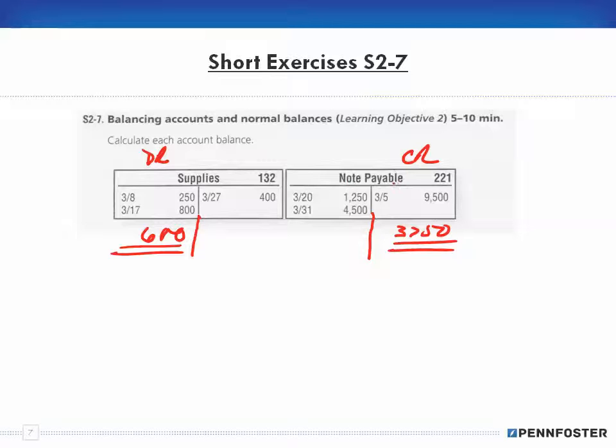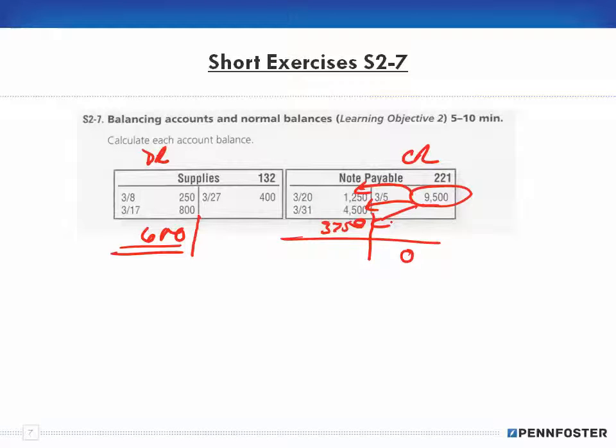Think about it this way. If we had a note payable and originally we owed $9,500 and we made a payment and then a second payment, now we still have a remaining balance of $3,750. If we made another payment for $3,750, then our balance in the account is going to be zero on the credit side.